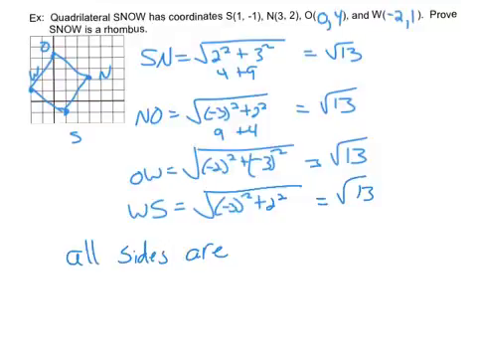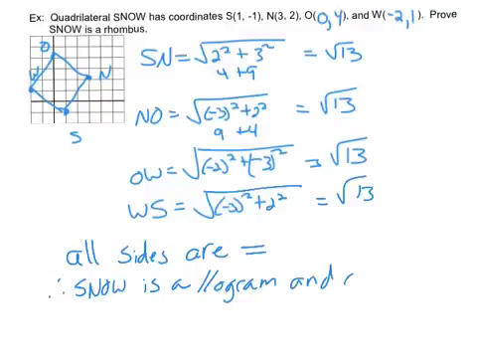And a quadrilateral where all four sides are equal is by definition a parallelogram and a rhombus. Therefore, SNOW is a parallelogram and a rhombus. It's important to also state it's a parallelogram, because you need to state it's a parallelogram first and then a rhombus.